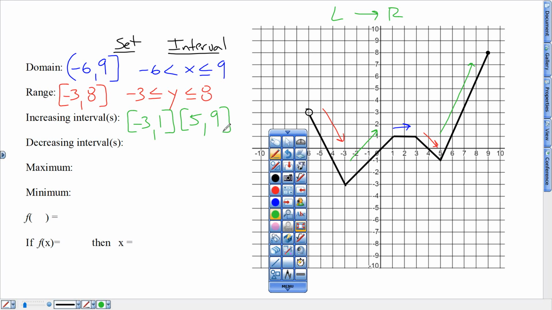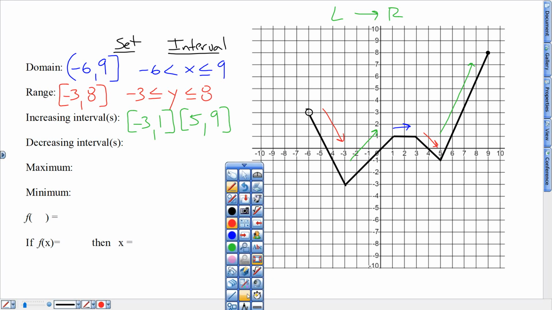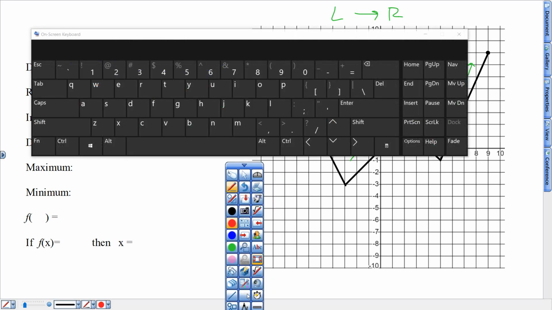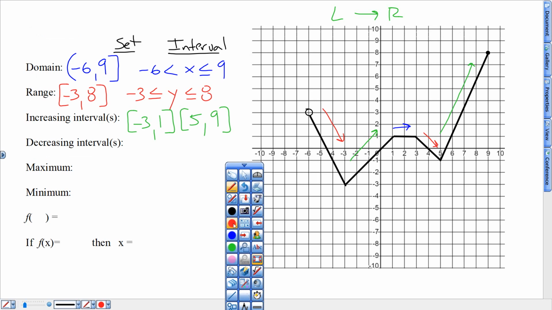Decreasing interval looks like it goes from, oops, sorry about that, let's clear this. Looks like from round -6 to -3 square, and then from square 3 to 5, another square bracket.